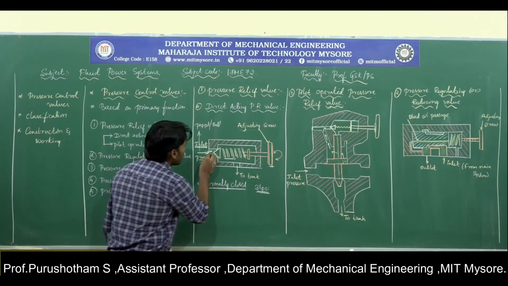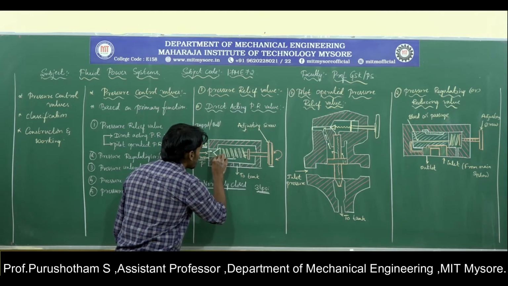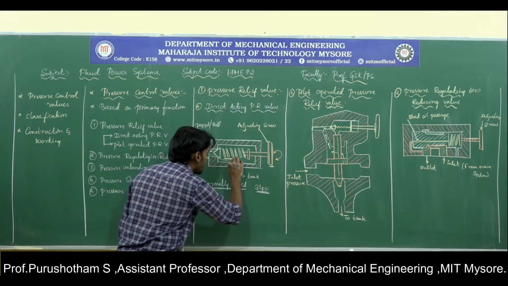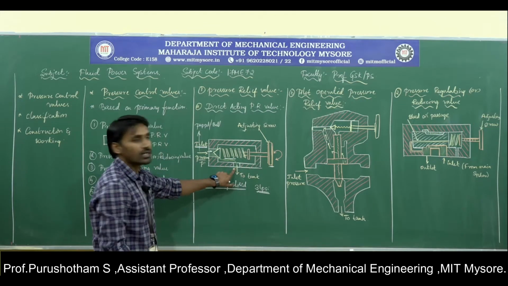The fluid from the pump flows between the seat and the poppet, and goes to the tank through the outlet port.